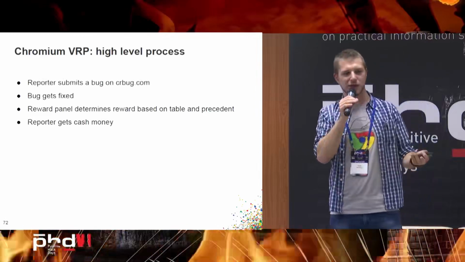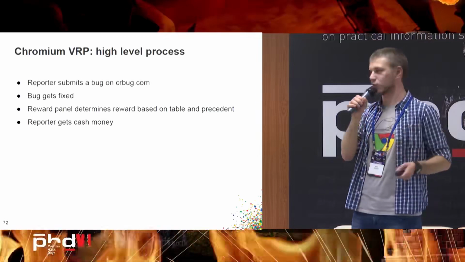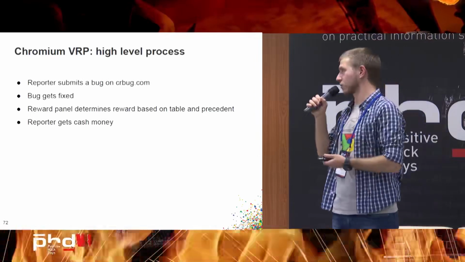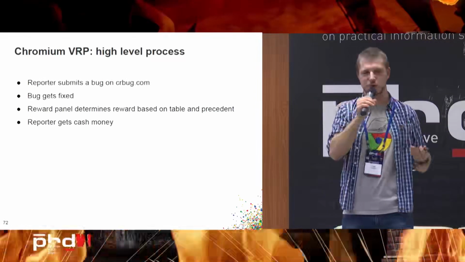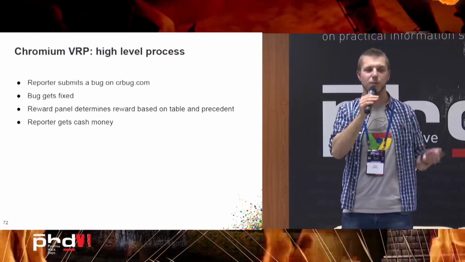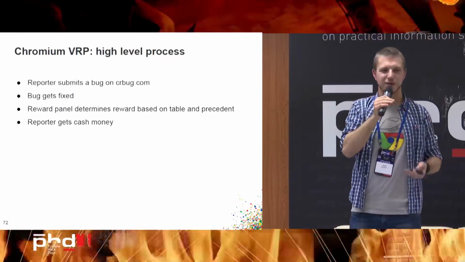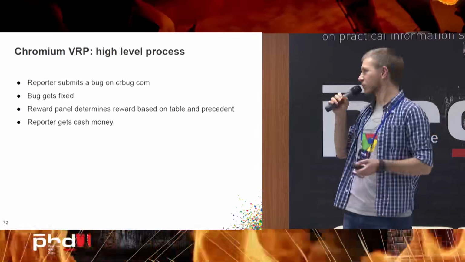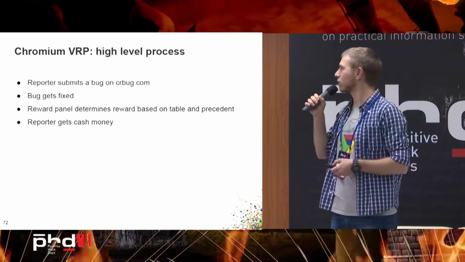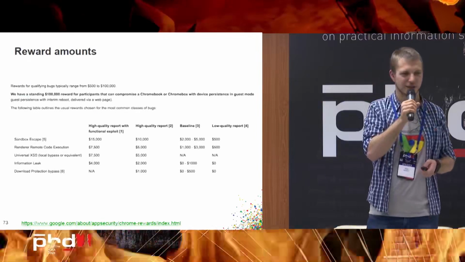If it is adequate, then a developer is assigned, and then the reward panel will study all the details, such as the criticality of the bug, how difficult it was to fix it, whether the reporter helped us fix the bug, and based on that, they will reward the reporter.